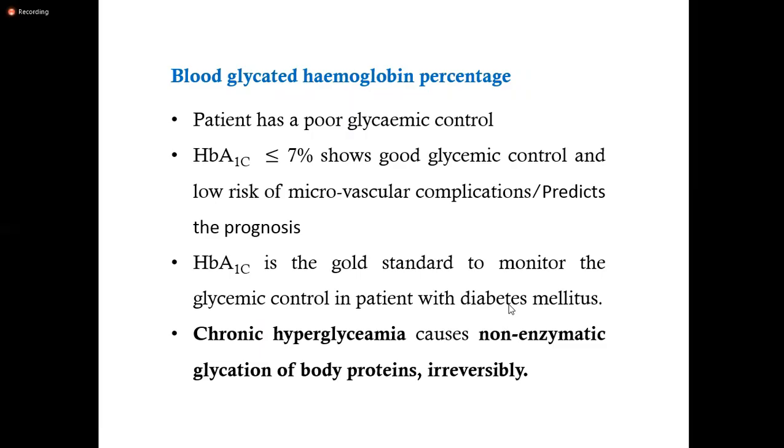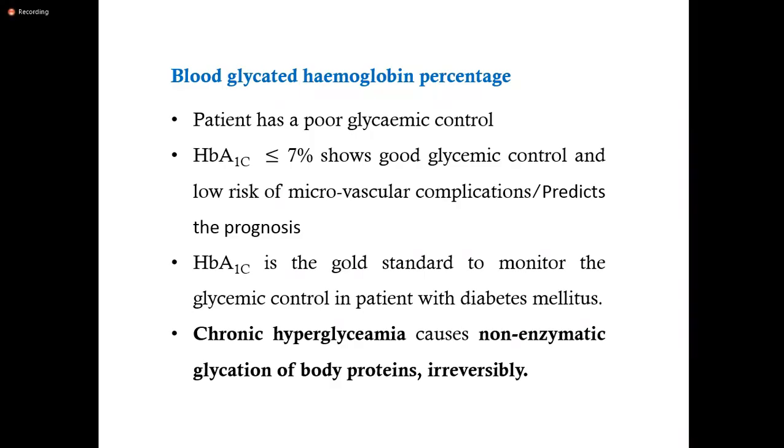Hemoglobin A1C is the gold standard to monitor glycemic control in patients with diabetes mellitus. Hyperglycemia increases non-enzymatic glycation of body proteins. Glycation of the N-terminal of the beta chain of hemoglobin A forms hemoglobin A1C irreversibly.